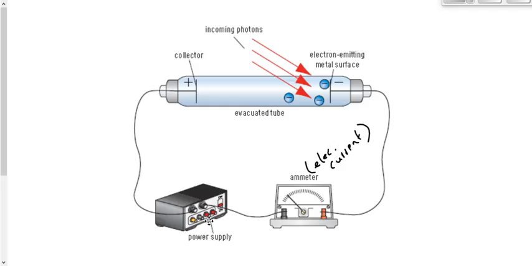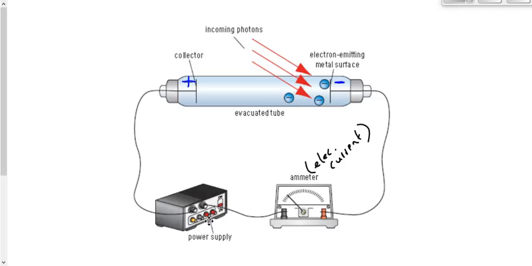When we turn on our power supply, we get electrons flowing this way, which causes the collector to become positively charged and this electron emitting metal surface to become negatively charged.